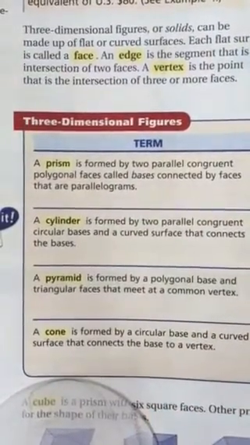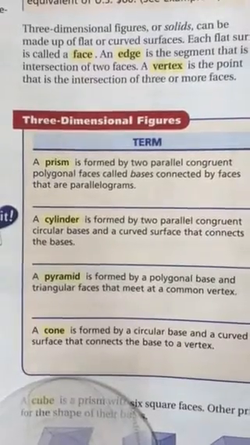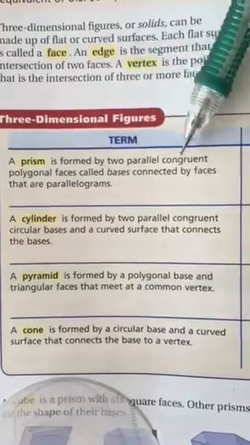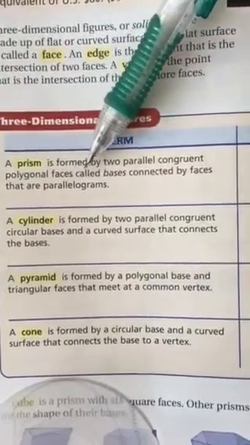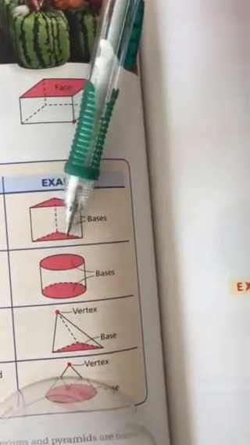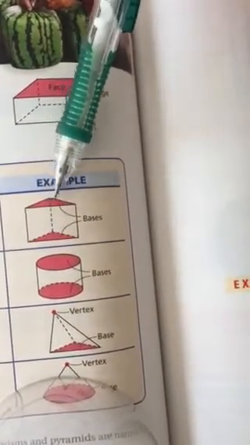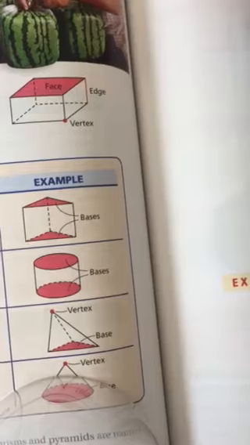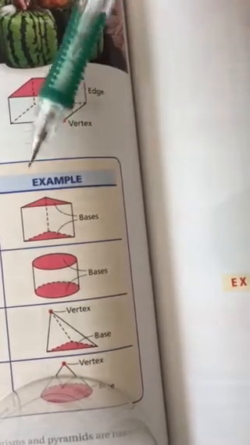Now let's move on to really understanding about three-dimensional figures. A prism is formed by two parallel congruent polygonal faces called bases. Let's look at that. Two parallel and congruent polygonal faces that serve as the bases of this prism. They are connected by faces that are parallelograms.